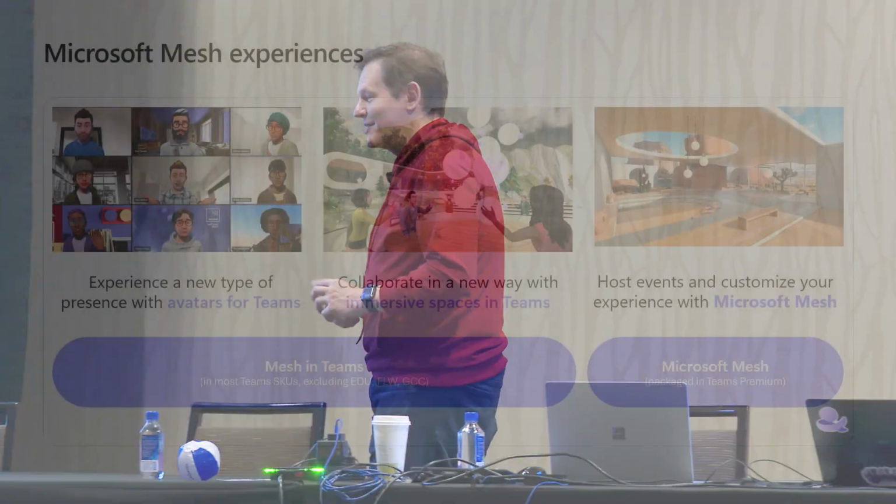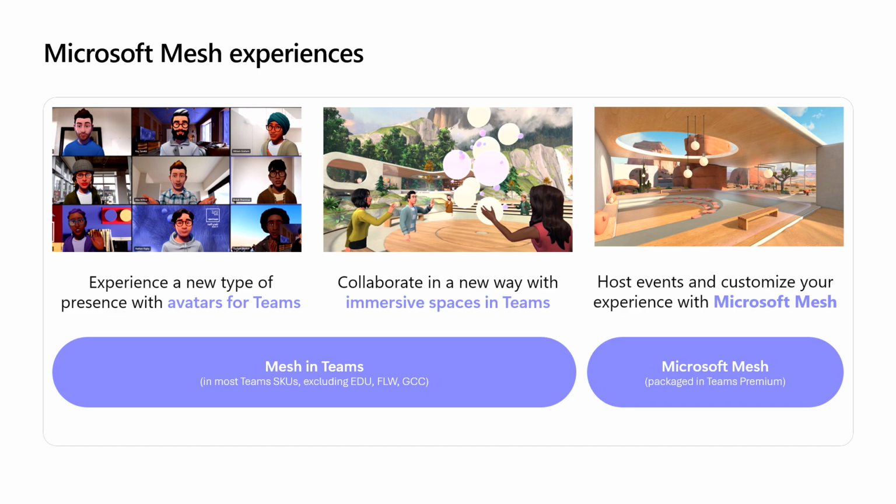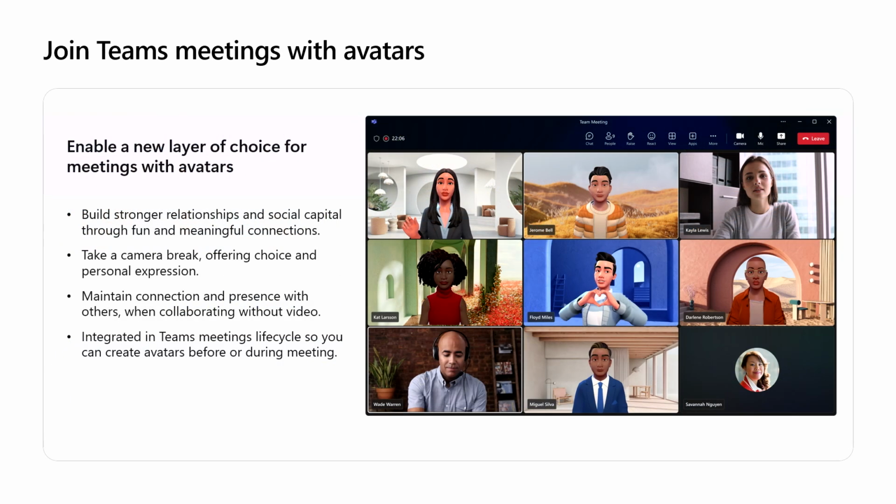And so we'll take a quick look at both of those. The third opportunity is the full Mesh product, which gives customers the ability to fully customize an environment and tune it to scenarios that are unique to your business. And you'll get to see that as well. So just going in, quick on each of these.